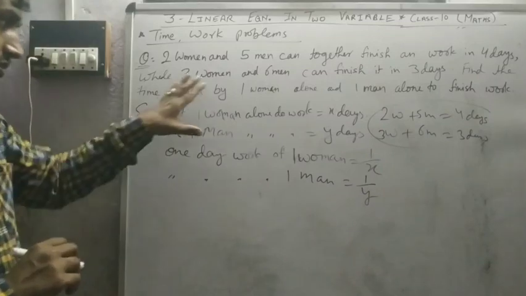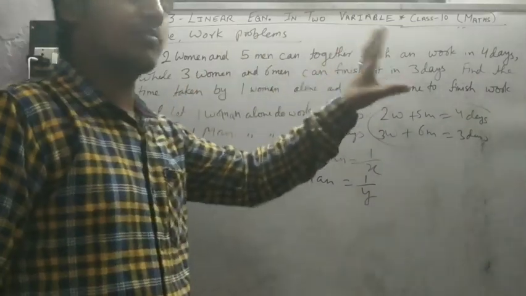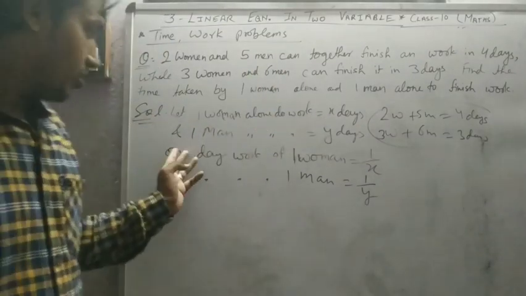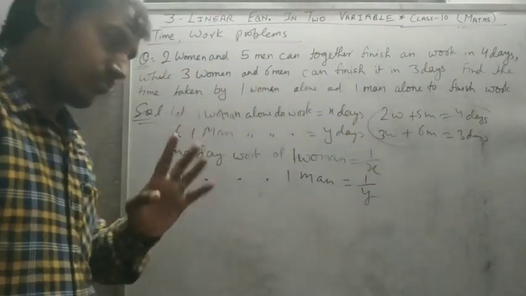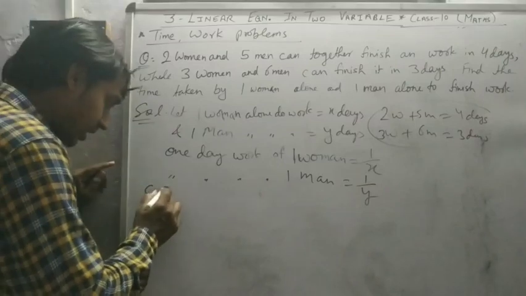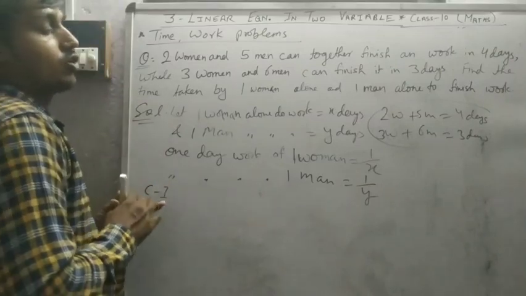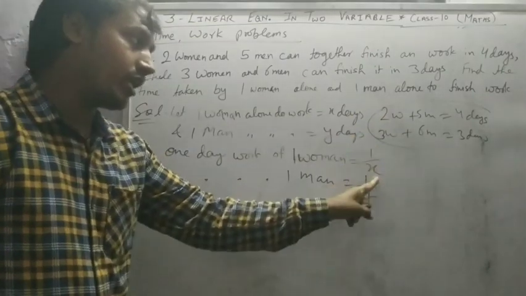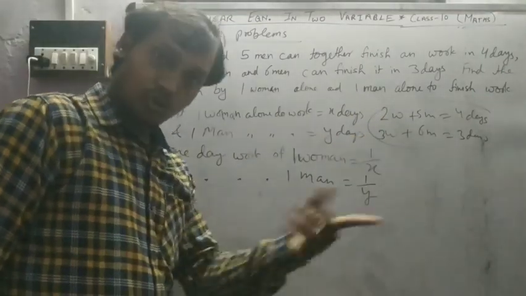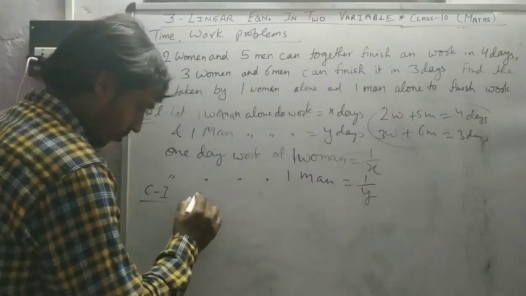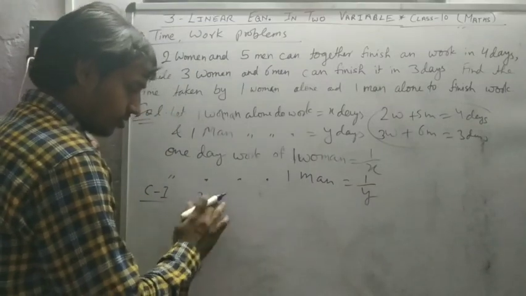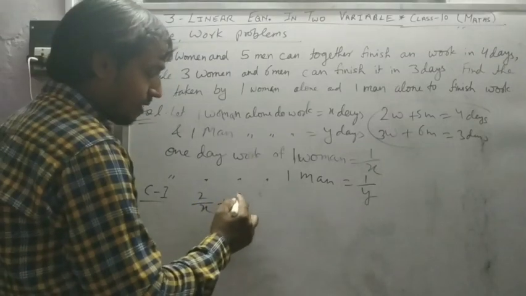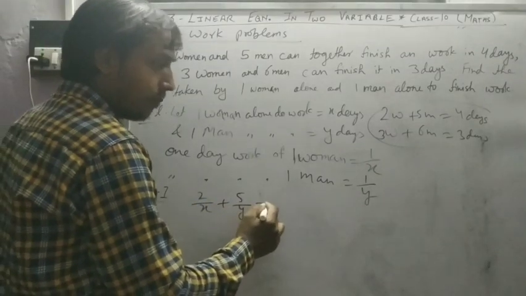It's only 4 steps that are common for time and work problems. Whole work in X days, 1 day work is 1/X. Then case first, 2 women and 5 men. 1 woman's work is 1/X, 2 women's work is 2/X. 5 men together do 5/Y.